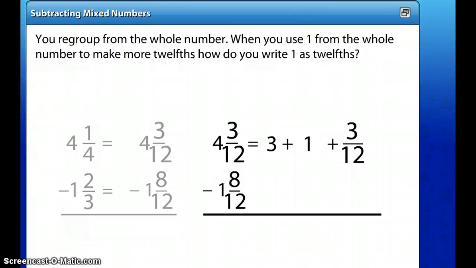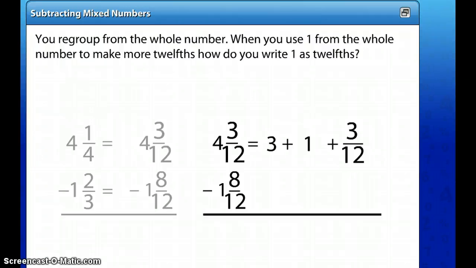So we took our whole number 4. 4 is the same as 3 plus 1, right? So we're going to take 1 away from the 4. It becomes a 3. And so now we have 3 plus 1 plus 3/12. What was the question here? Let me go back to the question.